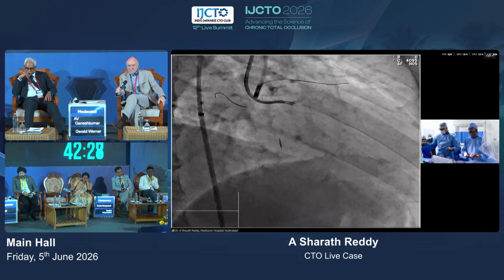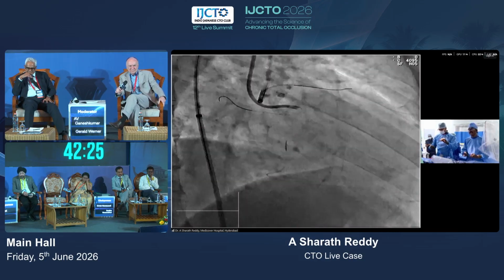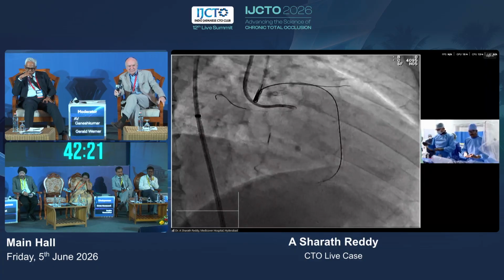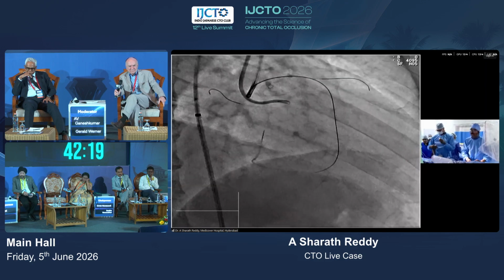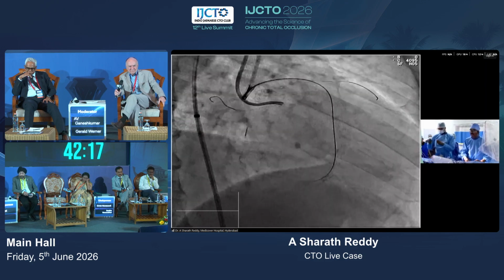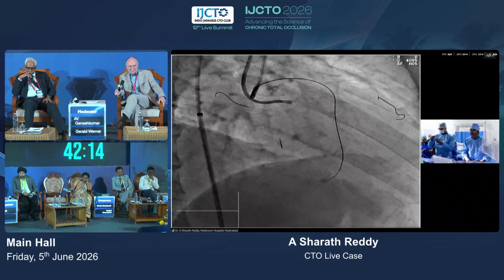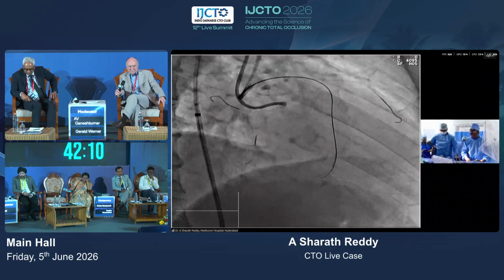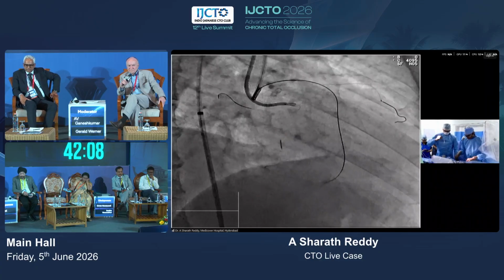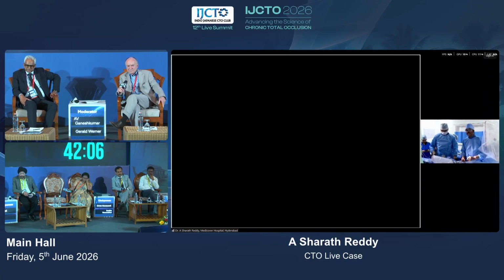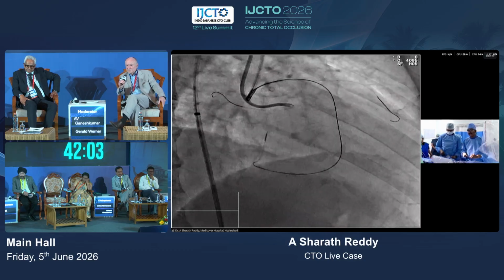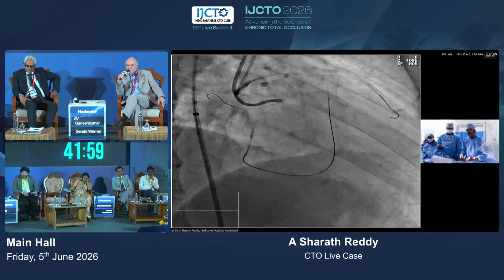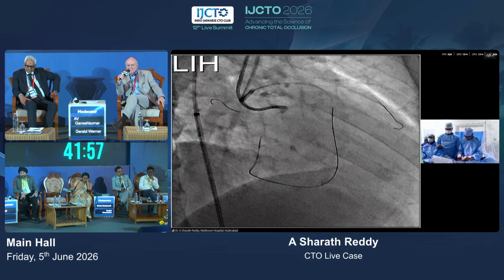I don't have any guide, but in the CT, I basically noticed this is the view where your distal cap is separating well from the side branch, and I'm just puncturing in that. It's a blind fashion, so there is nothing guiding me here. But what is most important is I keep track of PVCs on the system.